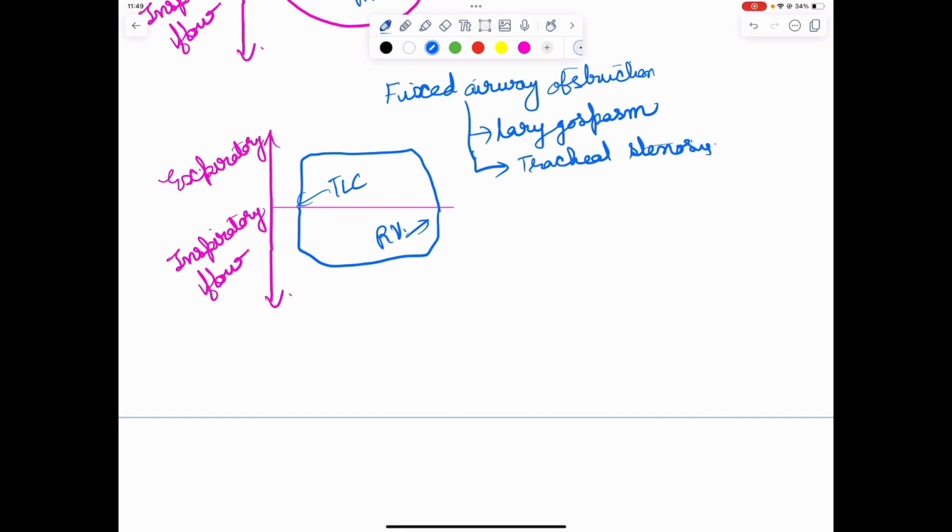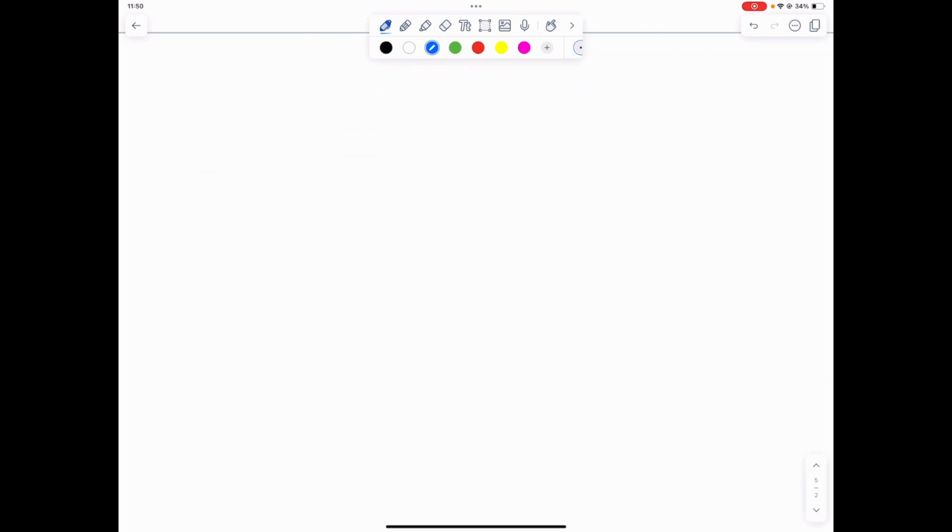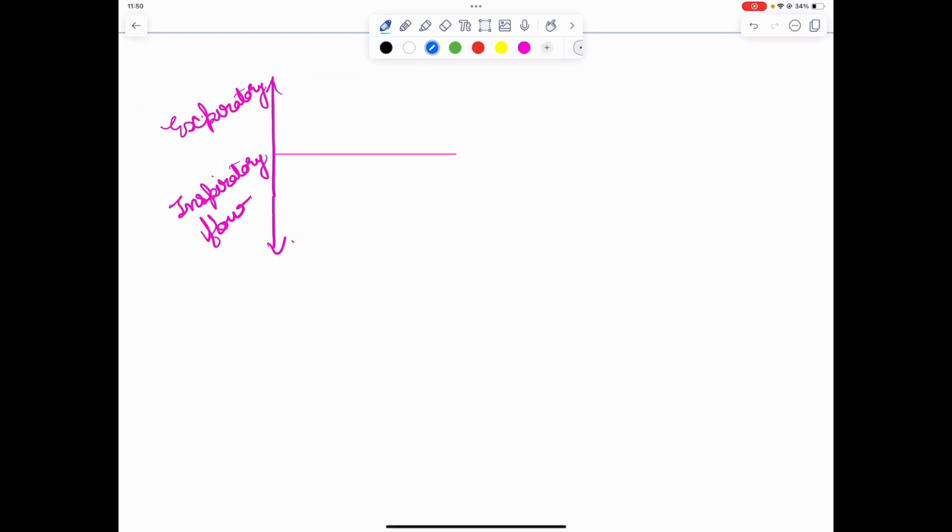Now we move towards variable extrathoracic obstruction. In variable extrathoracic obstruction, the inspiratory limb would flatten out. Just remember that. For example, there can be vocal cord obstruction.